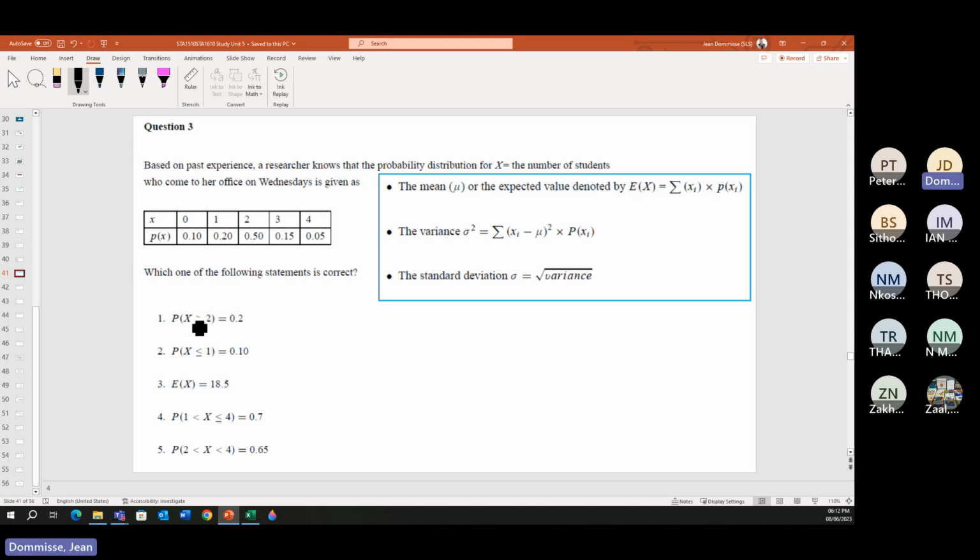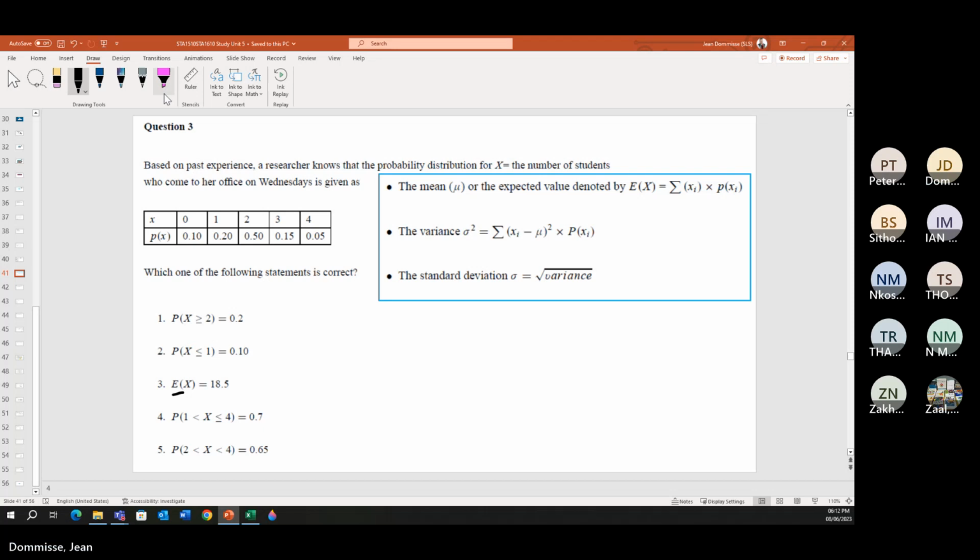Okay, so before we work out the expected value, we can first see, with all the probabilities, if we know how to get to those numbers.